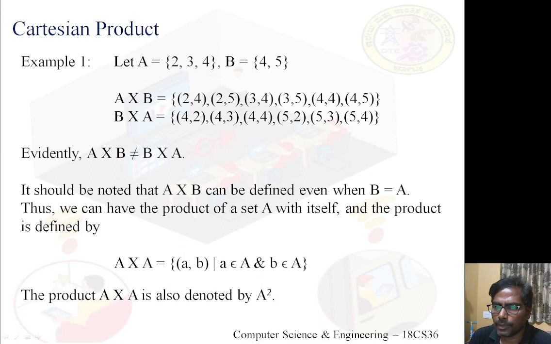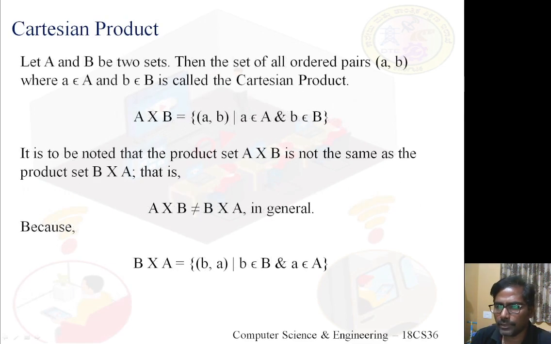Now, let me see first how we can compute A cross B. As you have seen in the first slide, in symbolic form A cross B is represented as a set of ordered pairs a comma b. In this ordered pair a comma b, the first element a is an element of set A and the second element b is an element of set B.